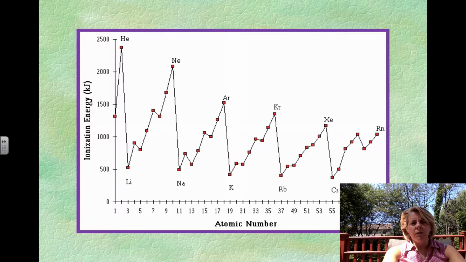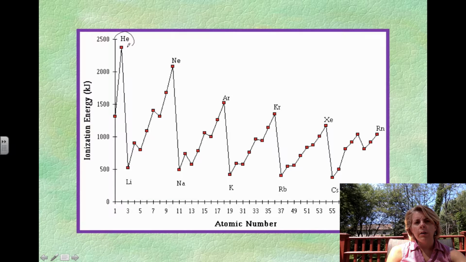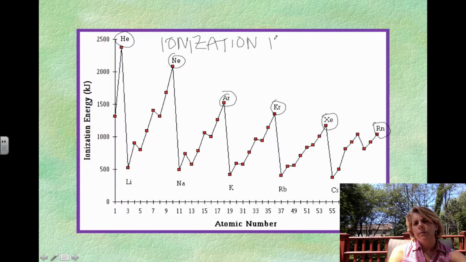Okay, here is ionization energy. So with ionization energy, something else is happening here. Look at all the noble gases at the top. So the energy that's required to remove an electron is higher. So ionization is higher for noble gases. Now notice at the bottom there, we have lithium, sodium, potassium, rubidium, cesium.